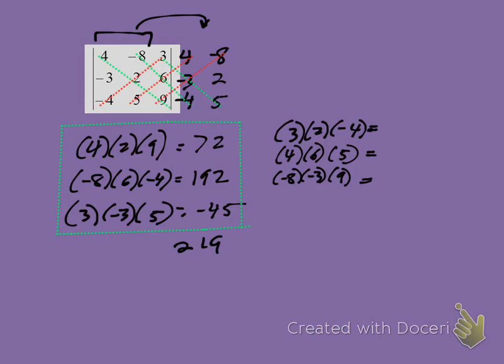Multiply them all together. It's negative 24. What was that? 120. 216. Add those all up, you get 312. Is that right?